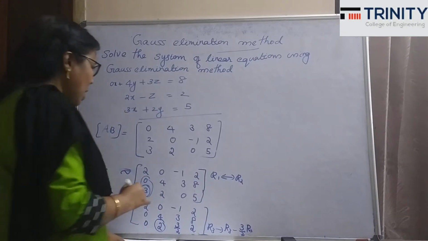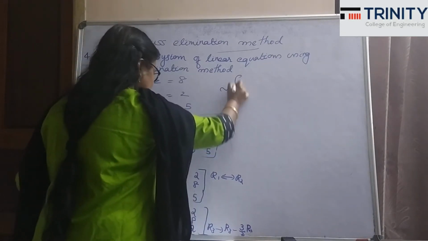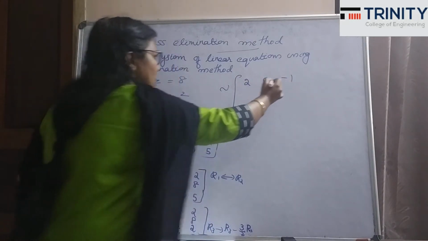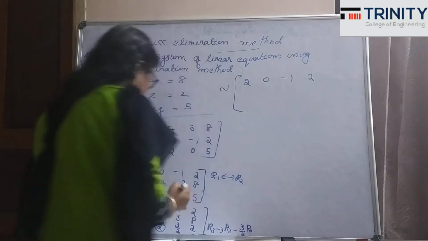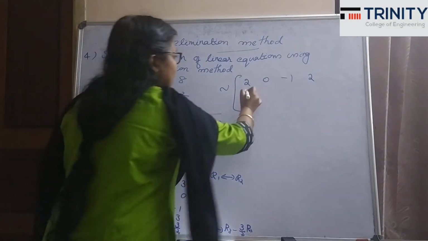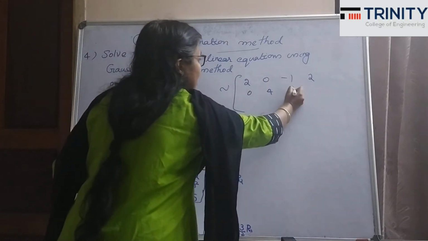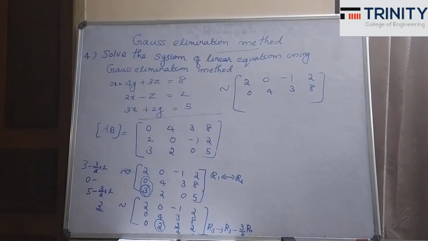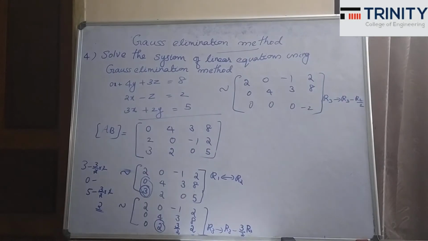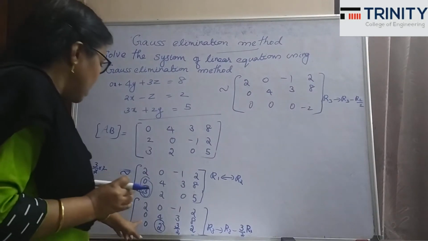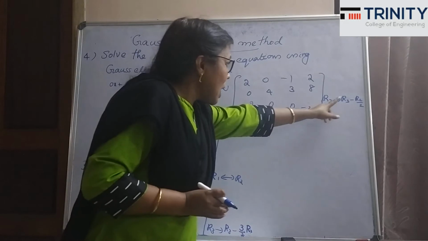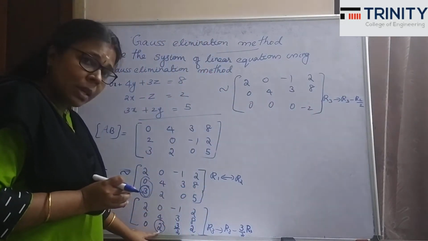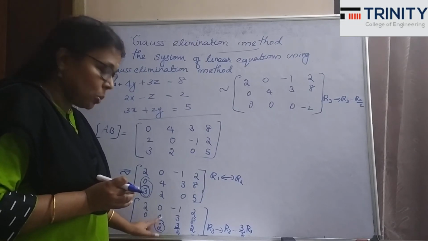Now we have to make this 2 as 0. How is it possible? Our first two rows are fixed. That is 2, 0, minus 1, 2, then 0, 4, 3, 8. Now R3 becomes R3 minus R2 by 2.